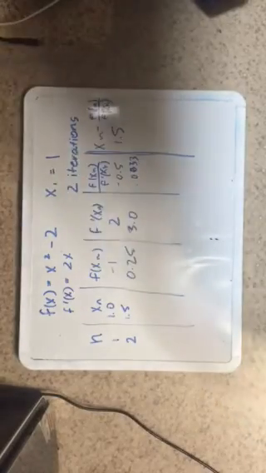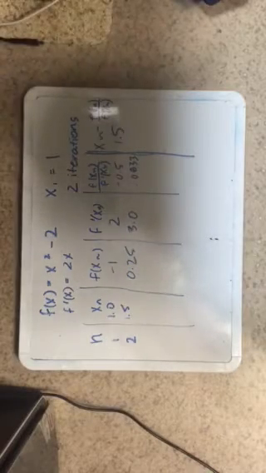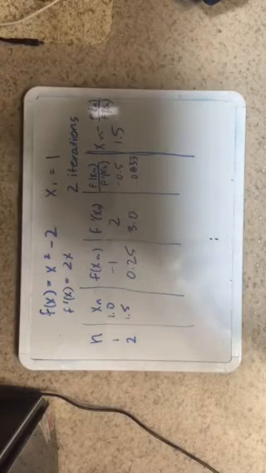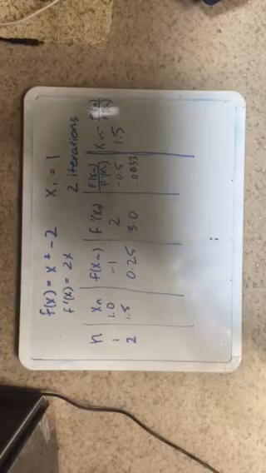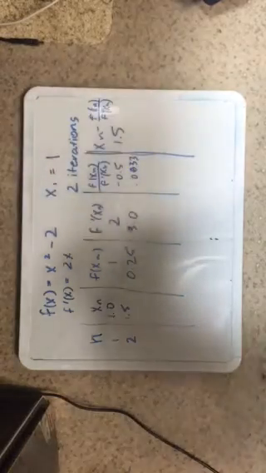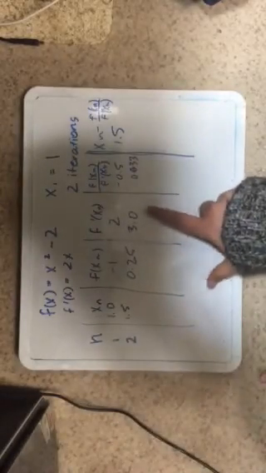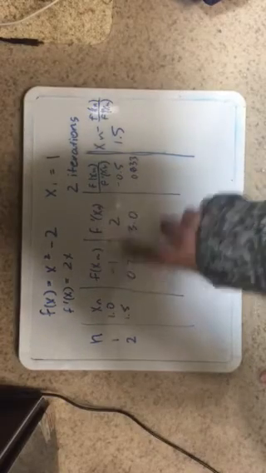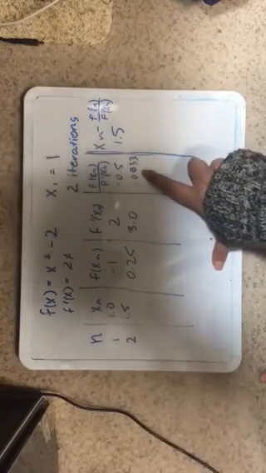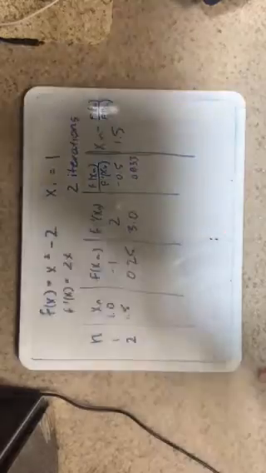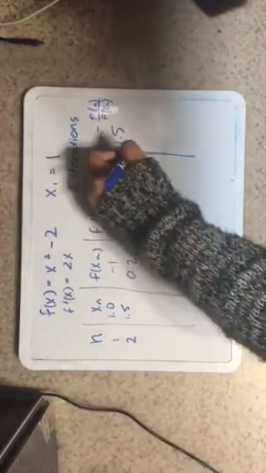And then you're going to do xn minus f of xn over f prime of xn, so you're basically doing 1.5 minus 0.0833, and you are going to get 1.416667.